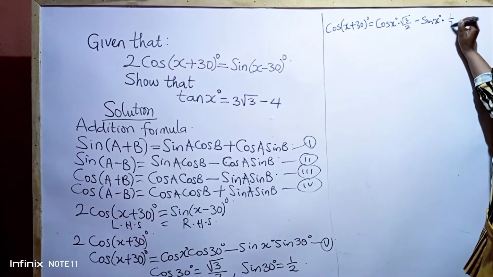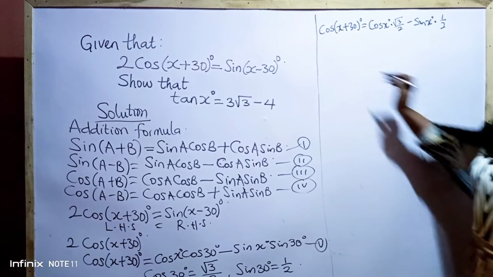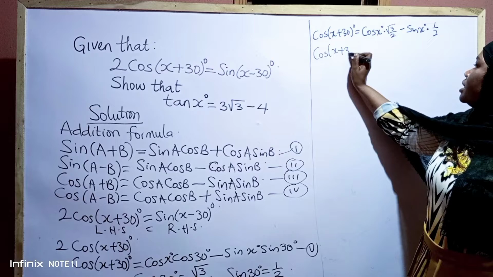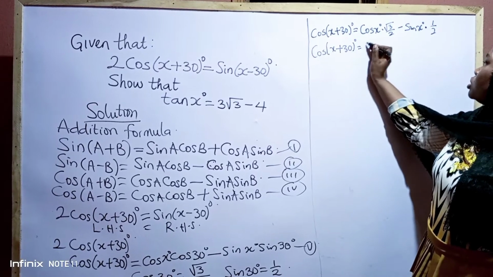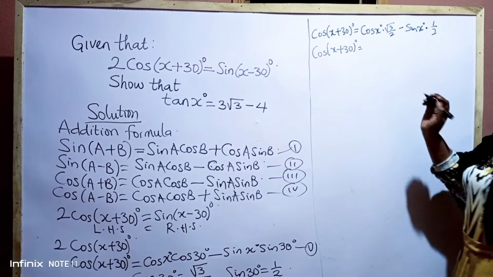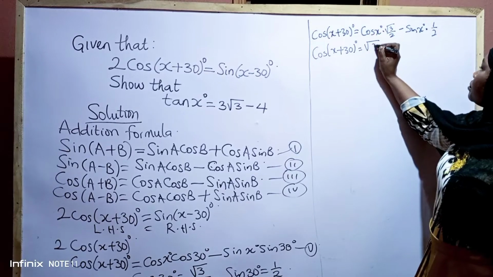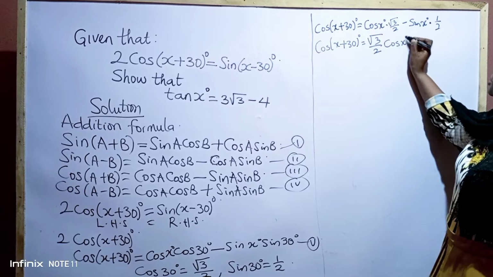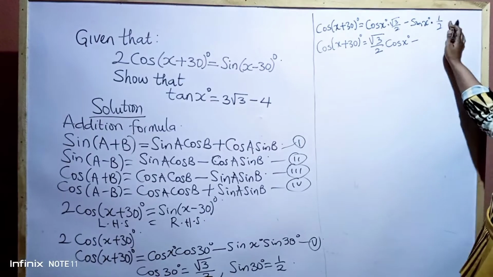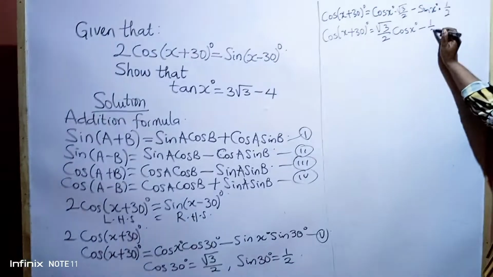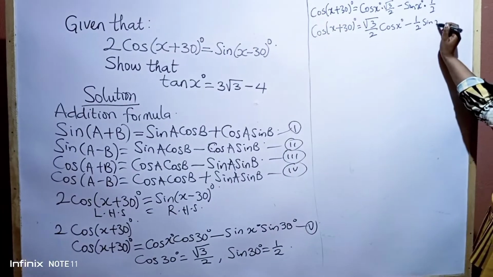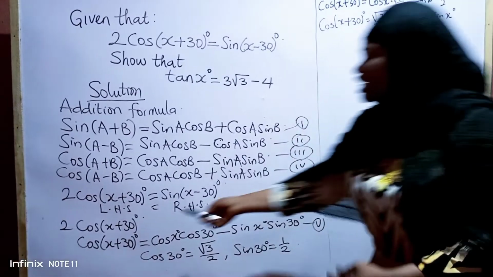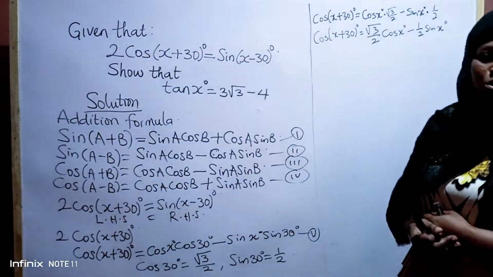Multiply by 1 over 2. So cos(x + 30°) will now be equal to, if you multiply this one, √3 over 2 cos x°, then minus, multiply this one, 1 over 2 sin x°. So let's go back to the initial left hand side equation.